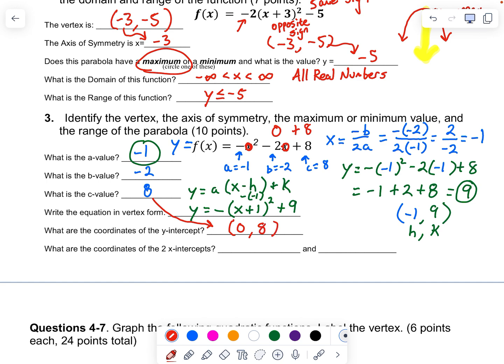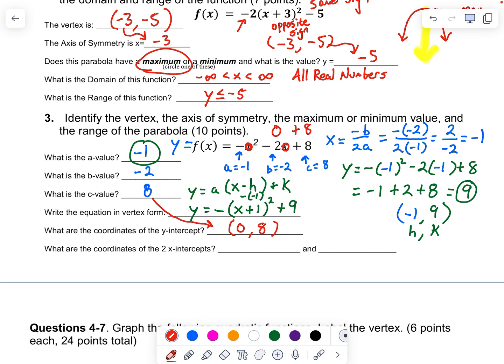Okay, and what are the coordinates of the two x-intercepts? Well, x-intercepts are the same things as zeros or solutions or roots. Zeros, solutions, roots, or x-intercepts. So that's the one we need to find here.